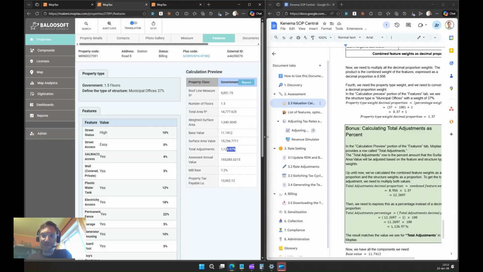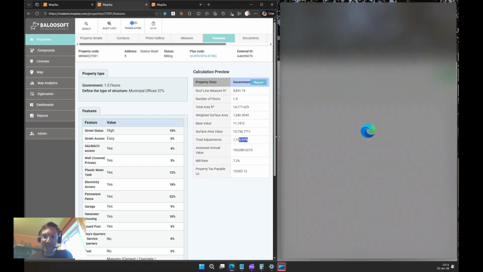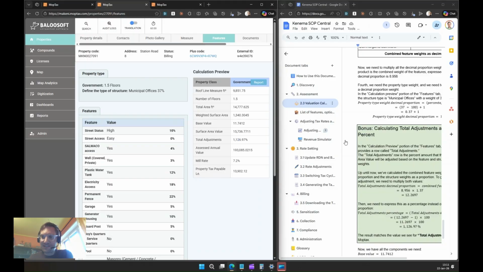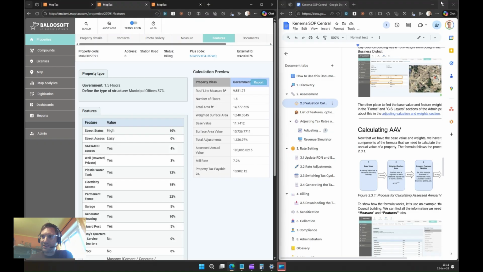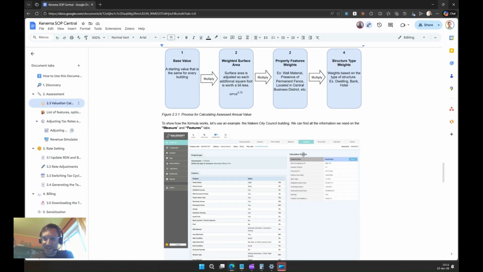So what this is saying is that the total adjustments is the property feature weights times the structure type weights.